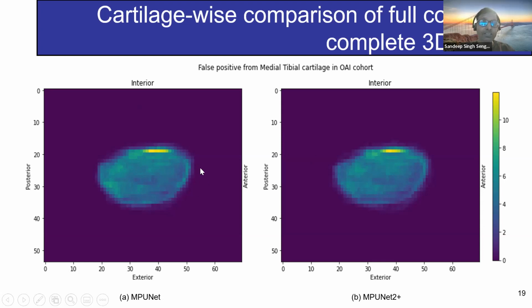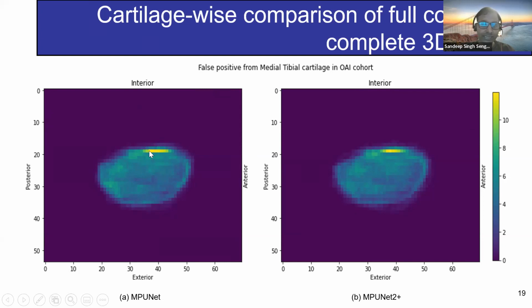So this is the average. Average means the number of false positives in each scan divided by the number of slices in the scan. So we can say it is the average false positives in each slice. If you look at this color map for MPUNet 2 plus, if the color is darker, then we have a large number of false positives.